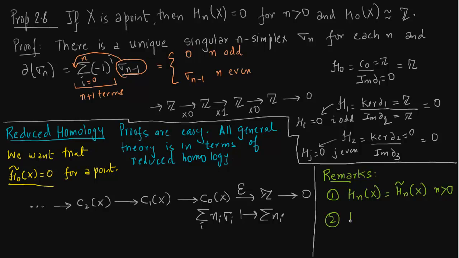H0 of x is nothing but the reduced homology group direct sum with the integers. Now as you can see, in this case the point will be 0 because of the direct sum. You should also read page 110 of Hatcher.